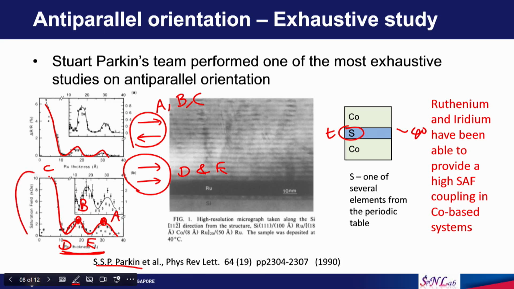Okay, maybe let me explain what this saturation field is. At zero field, the two ferromagnetic layers are antiparallel. When you apply a very large field, the two layers will point parallel to each other.